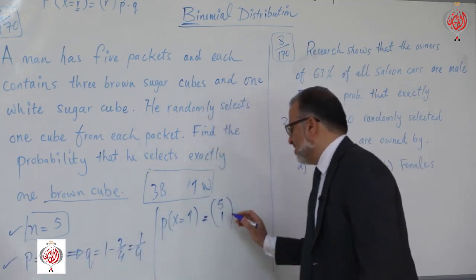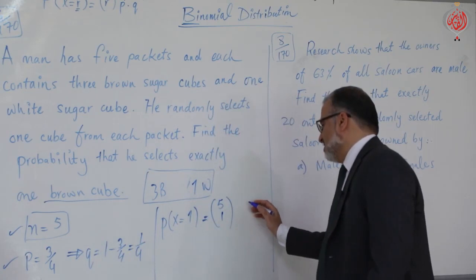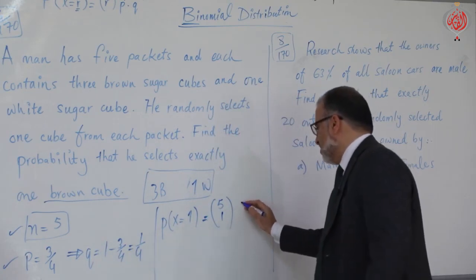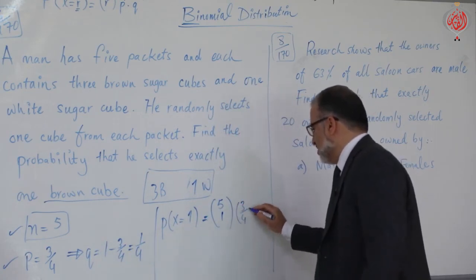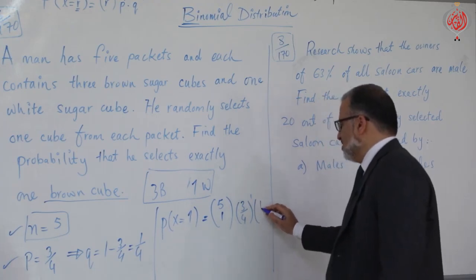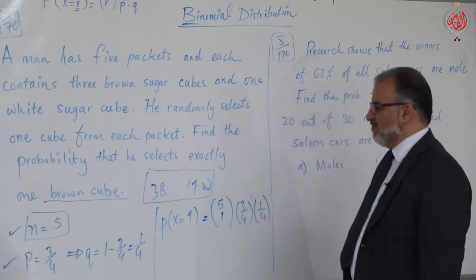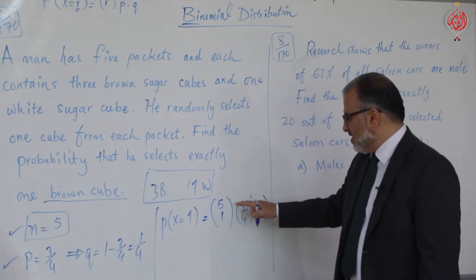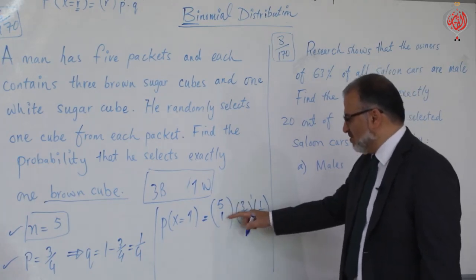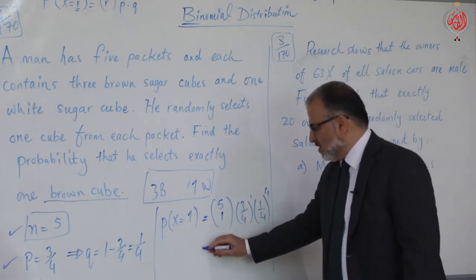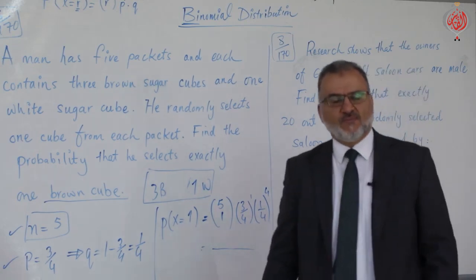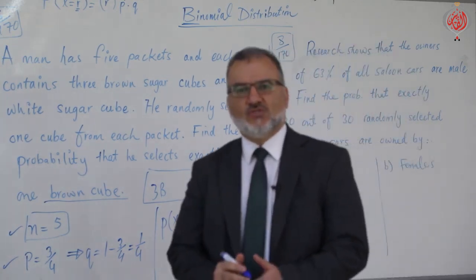What's P? 3/4 or 0.75, as you like. Then times 1/4 to the power of what? 5 minus 1, which is 4. You will get the answer. Like this, we are going to solve the question.